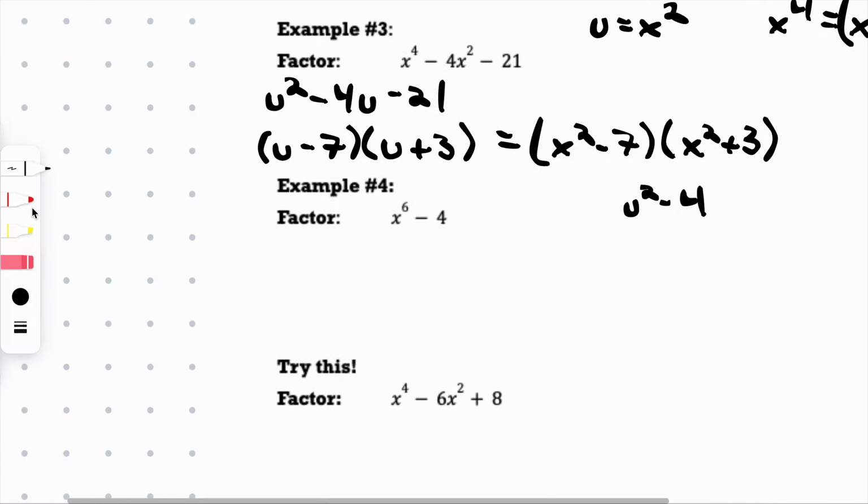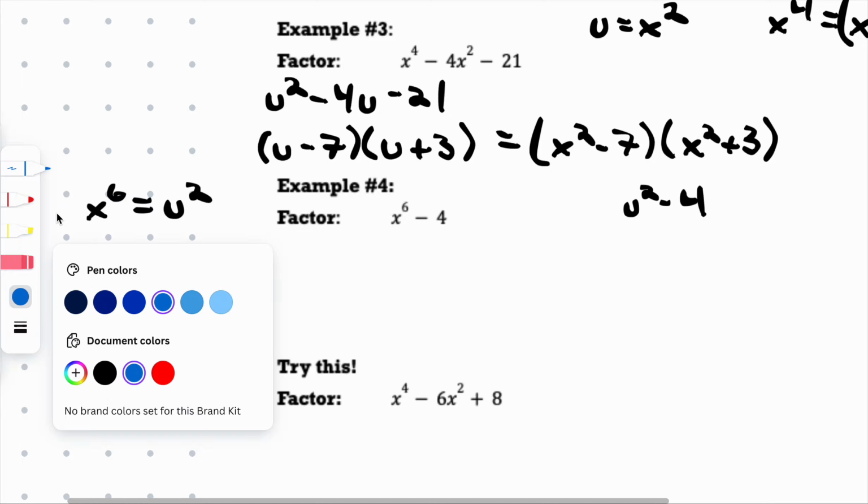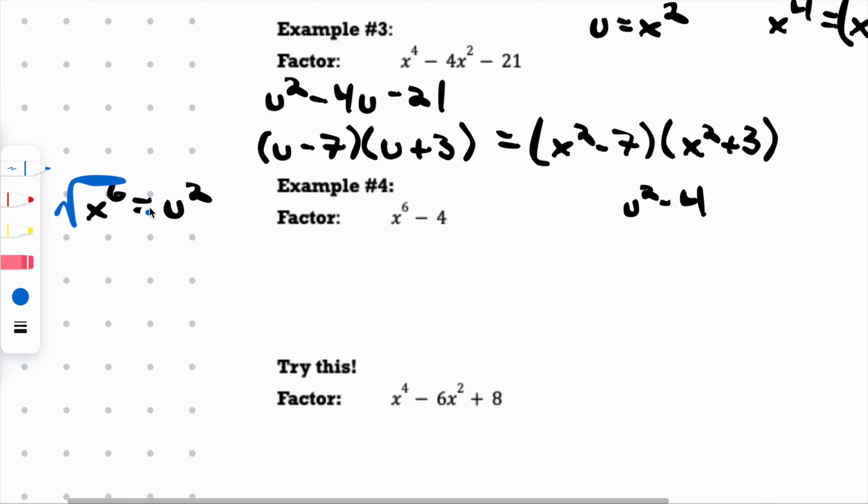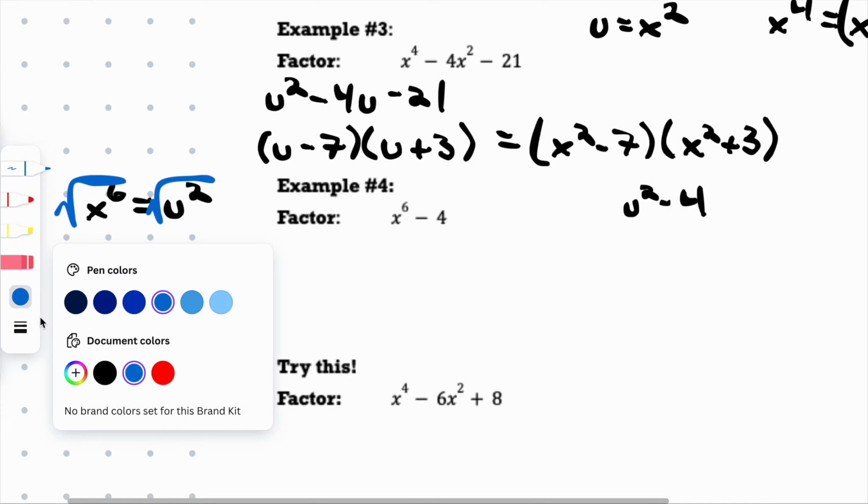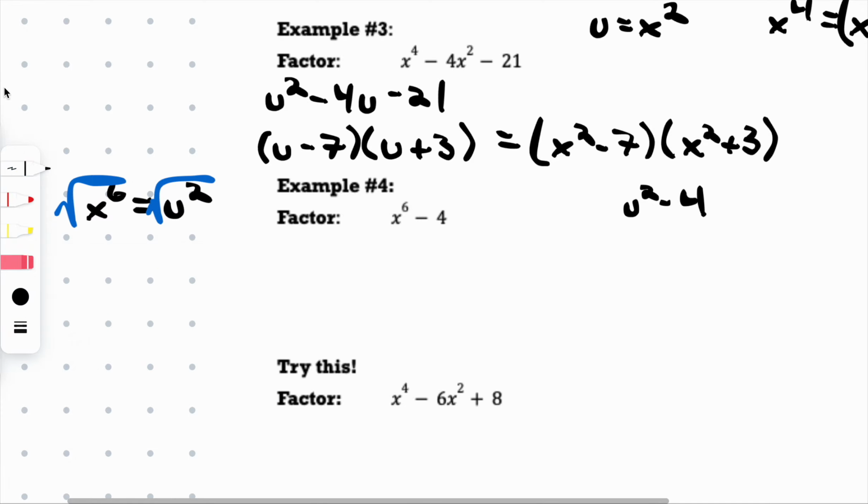Well, if we want x to the 6th to be equal to u squared, we can just square root both sides. I don't know if people know this yet, but essentially square rooting is dividing this exponent by 2.